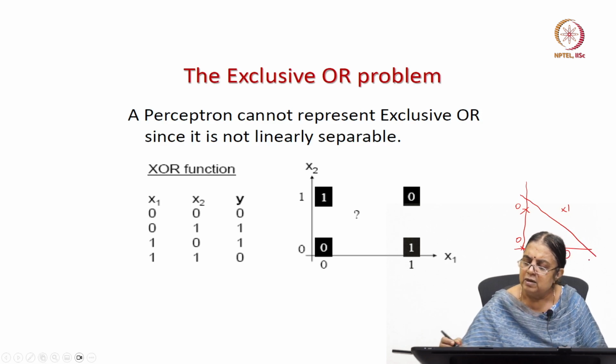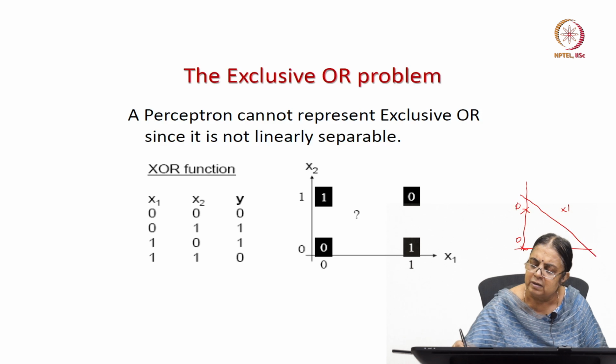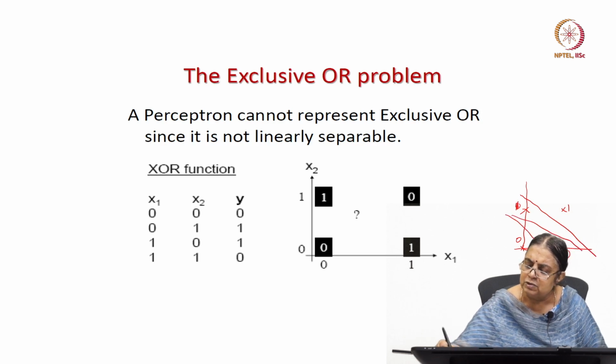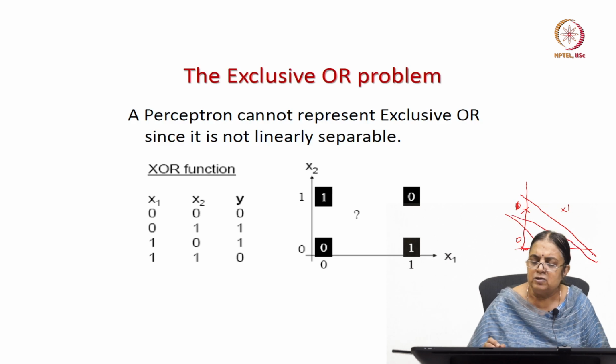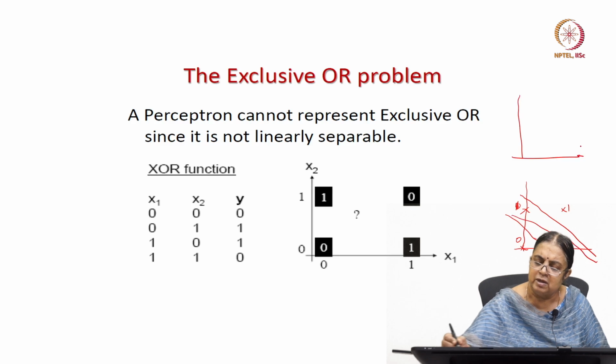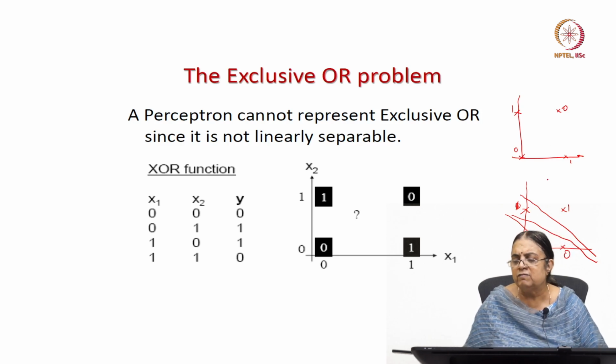And if this is 1, you could have a linear separator which goes like this. So it can be separated by a linear separator. But if we look at the exclusive OR function, this gives a value of 1, this will give a value of 0, this gives a value of 1, and this gives a value of 0. So we cannot get a linear separator between these values.